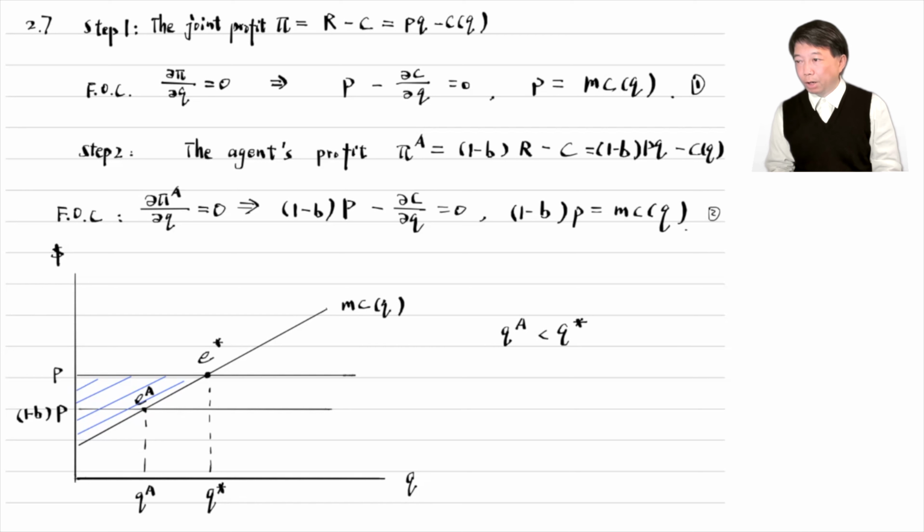Under a revenue sharing contract, the equilibrium is EA, where the agent's marginal revenue curve, 1 minus B times P, intersects the marginal cost curve. The agent sells QA copies of the book, which is lower than the optimal level. The maximized profit is the blue triangle area.